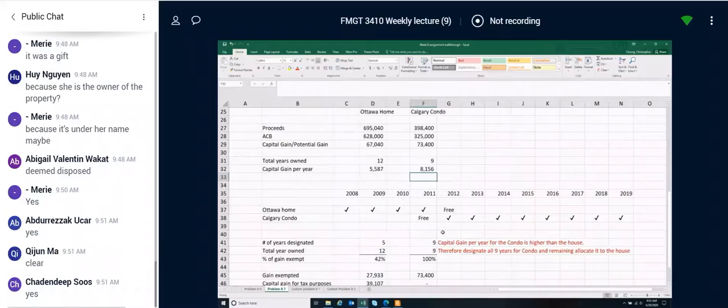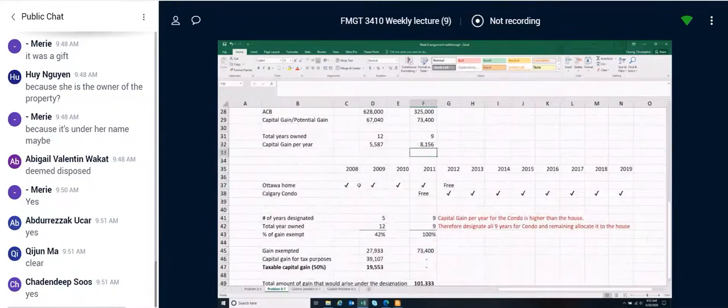How do you do it? Well, here's one way to do it. 8, 9, 10, 11. You could say is the Ottawa home. You give a free year, and then you have the 4 plus the free year, and that's 2012. And the Calgary condo, again, same thing. You designate 12, 13, 14, 15, 16, 17, 18, 19, and then you give the free year to 2011. So now you've captured all 9 years on the condo.